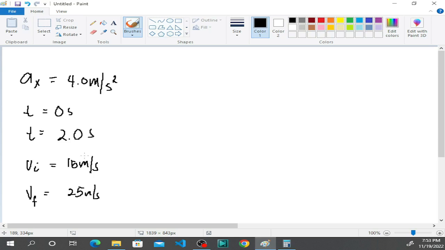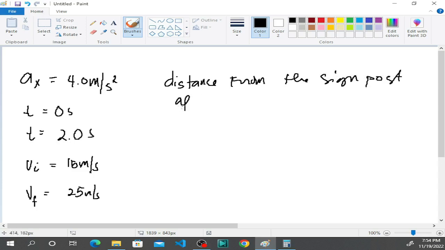So we are trying to look for the position, or distance, away from the signpost after 2 seconds. This is the first part. This is not known, so this is our x.